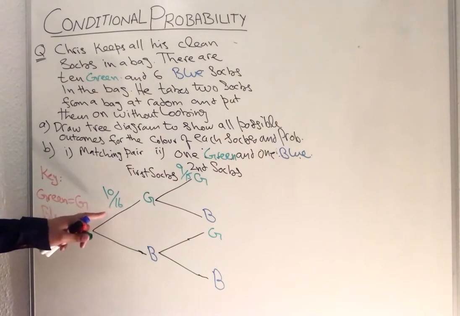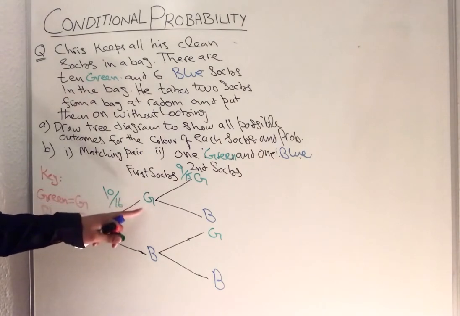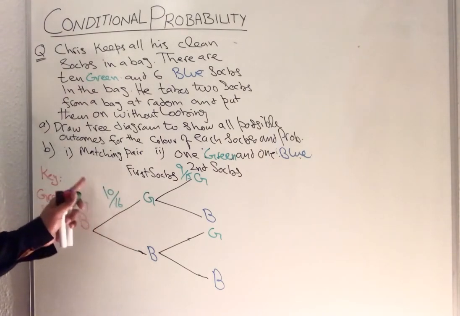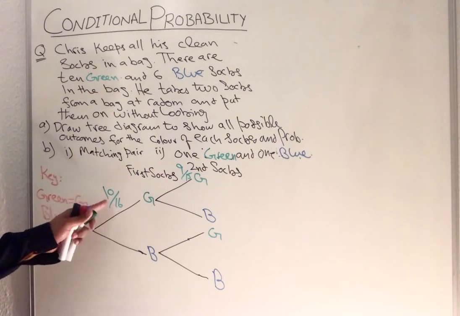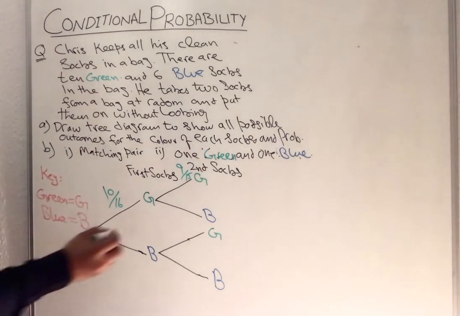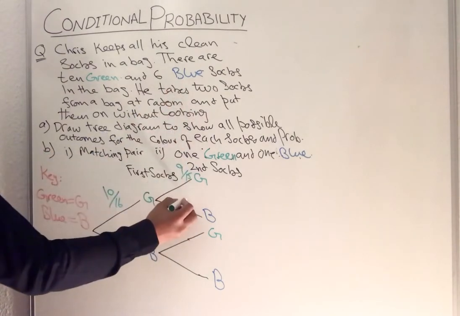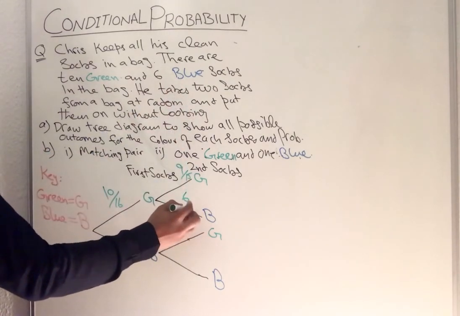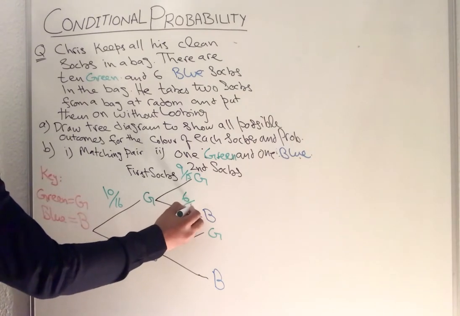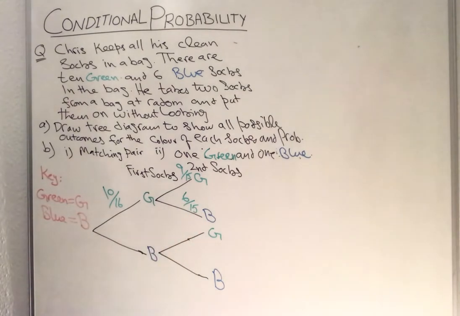Same thing in here. If you take green first, and green has gone, how many blues total are there? We got 6 blues, so 6 out of 15.